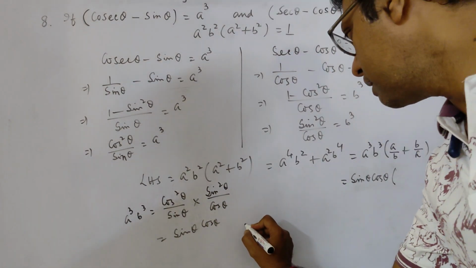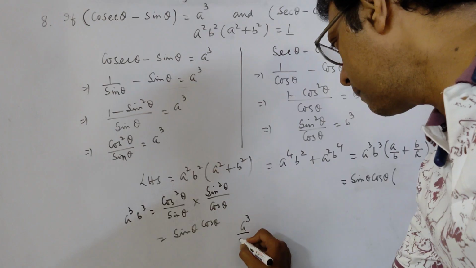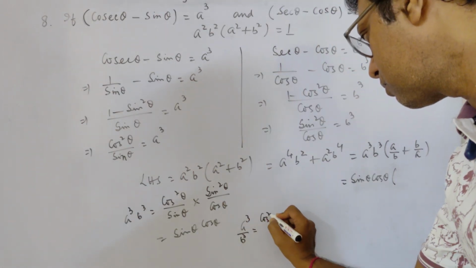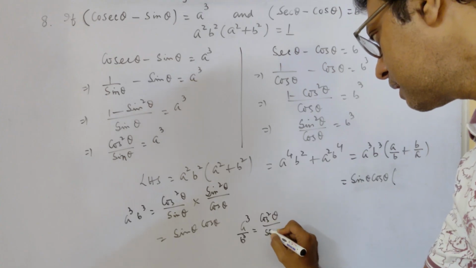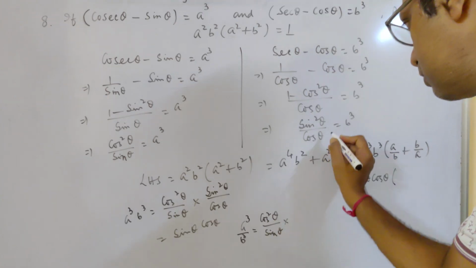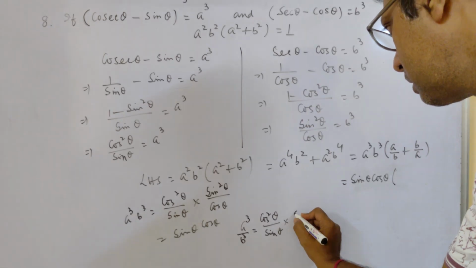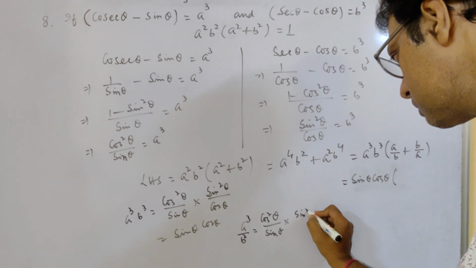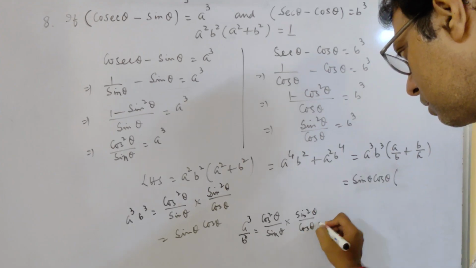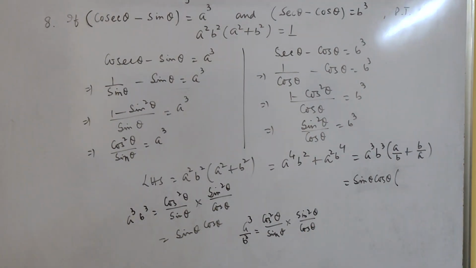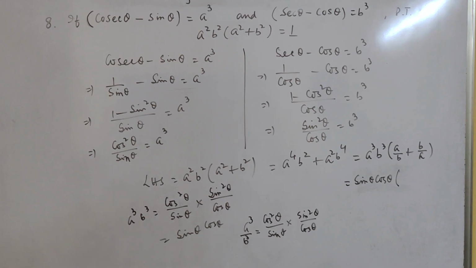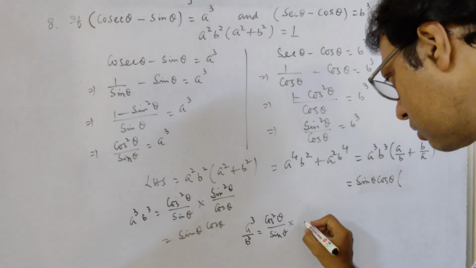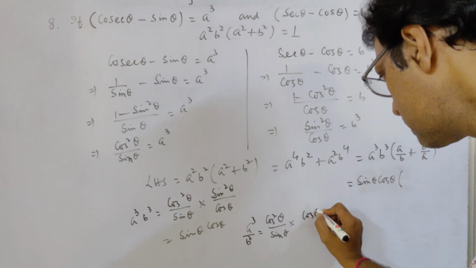Now separately we find a cube by b cube is equal to cos square theta by sin theta into cos theta by sin square theta.